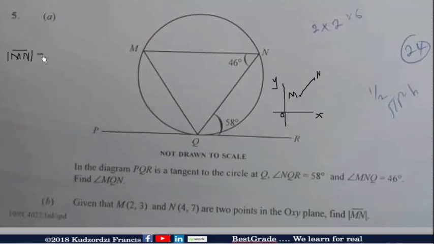The distance formula is given by x2 minus x1 all squared, then we add y2 minus y1 all squared, or the other way around.